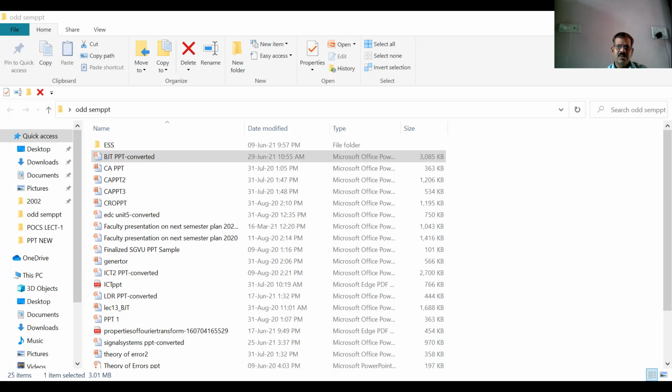Simplifying this equation, IC into 1 minus alpha equals alpha IB plus ICBO, and from this equation we have IC equals alpha upon 1 minus alpha into IB plus ICBO upon 1 minus alpha. So this is the expression for collector current IC.